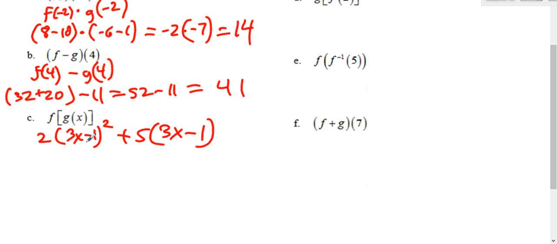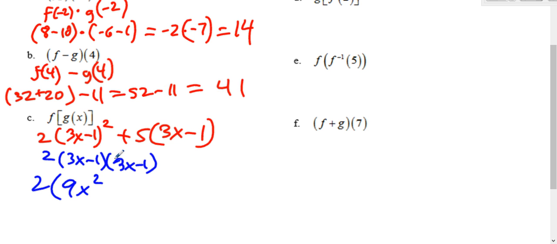You have to multiply out the 3x minus 1 squared. So that's 9x squared minus 3x, and then -1, -1 is +1. Now we have to do all of our distributing.